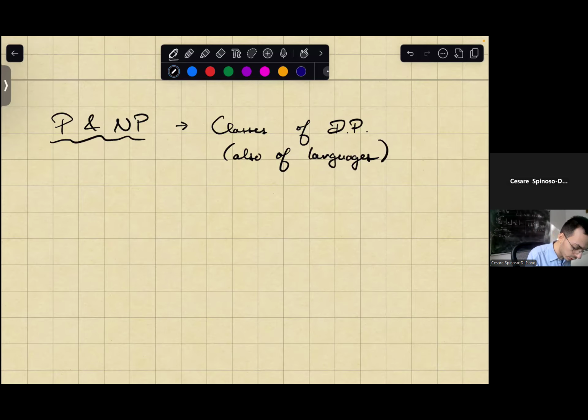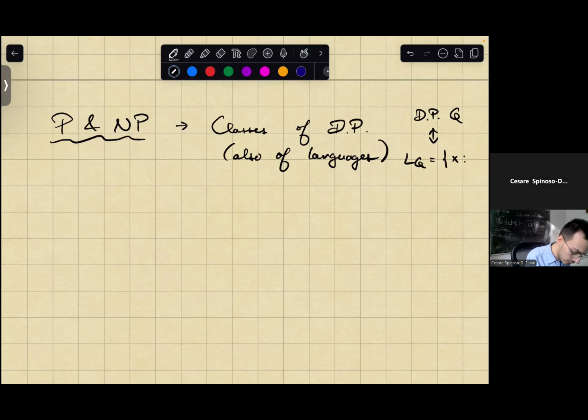right? So just a quick reminder, if you have a decision problem Q, then the language corresponding to that decision problem is all of the instances where maybe the instances are sort of encoded in binary, right?